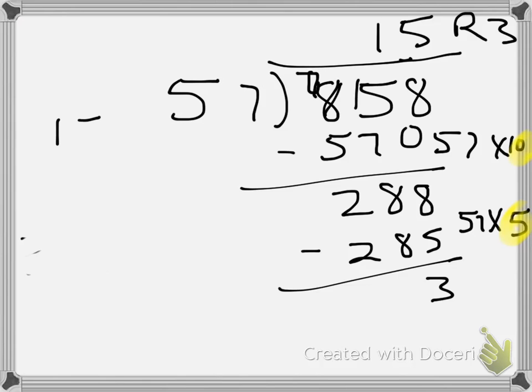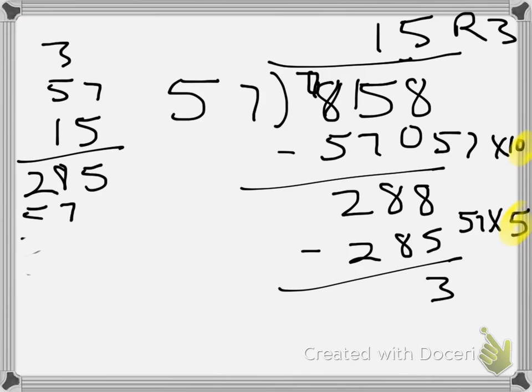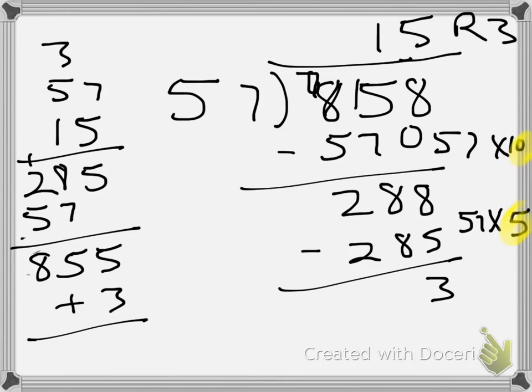So 15 times 57 would be 35. 5 times 5 is 20. 25 plus 3 is 28. 7, 5, 5, 1, and 8. 855 plus 3, 858. Whew. Looks like we got it. The key is using these groups over here.